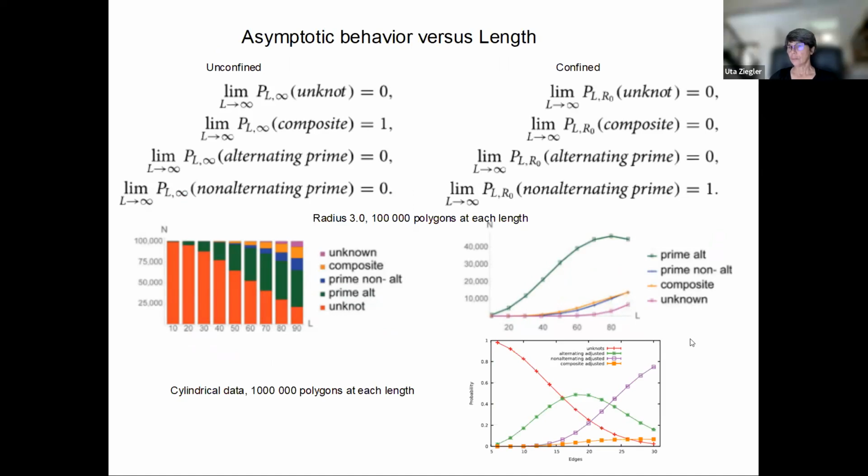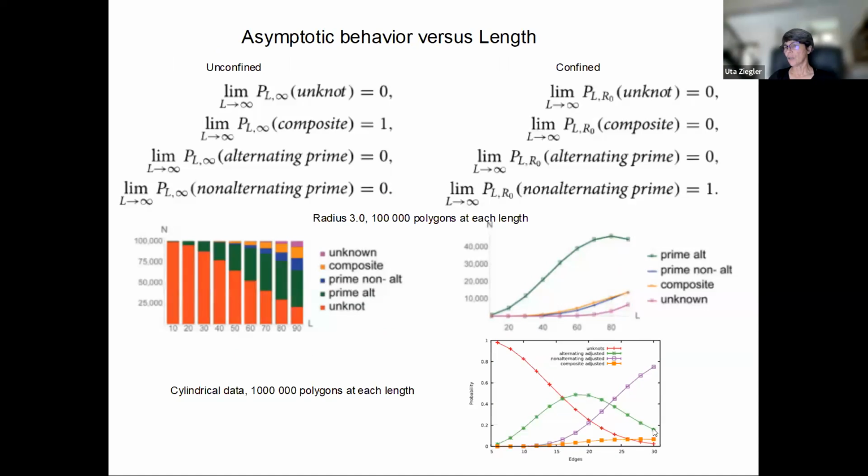So for radius of confinement, maybe around 0.6 based on the cylindrical data we have, for 30 crossings, we can see how the alternating knots increase.